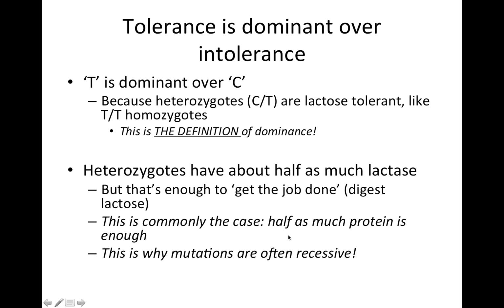Half as much protein is enough, and so you end up with the allele that's expressing the protein being dominant over the allele that is not. We'll be talking about this more, but I just wanted to get us started: dominance is not some mysterious abstract concept. It arises from the fact that often when you have half as much of a protein, that's enough to get the job done.